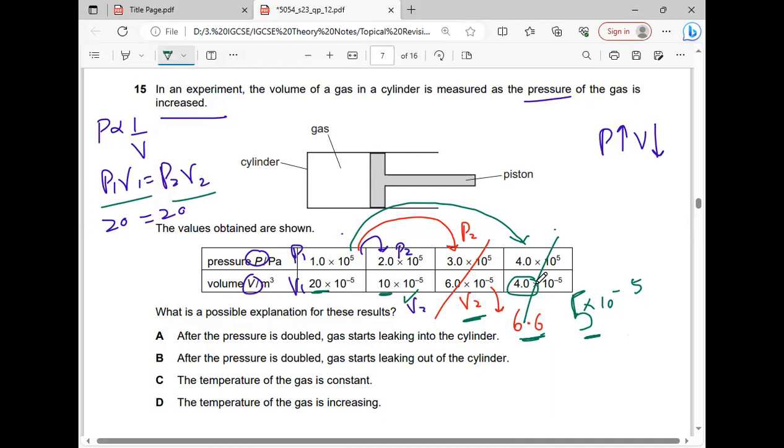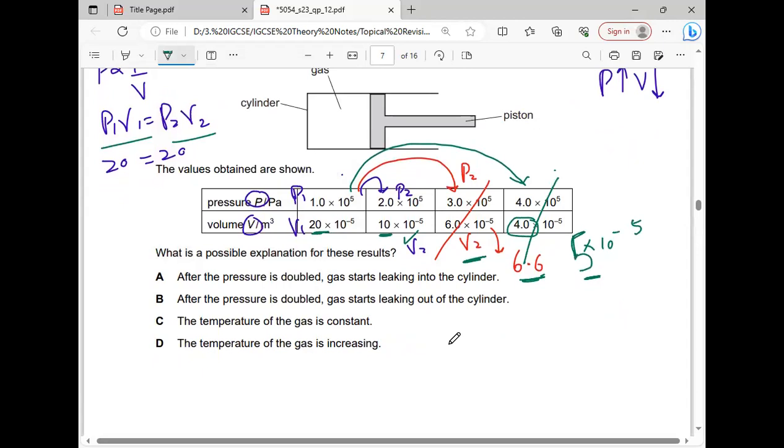So when pressure has increased 4 times, volume has to be decreased 4 times. So 20 divided by 4 is equal to 5. Okay. So it means that only the first two values are fulfilling the requirement. So these two options are opted out.